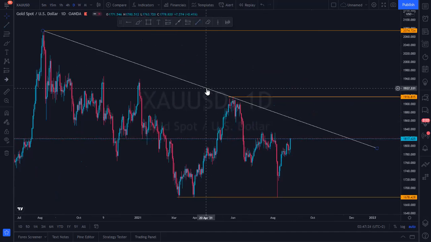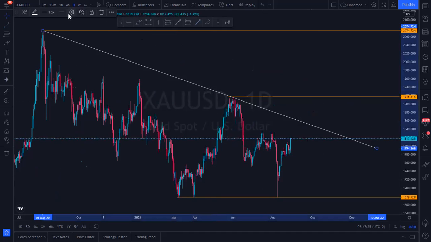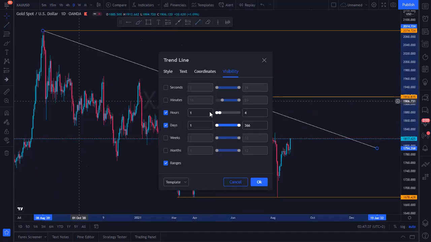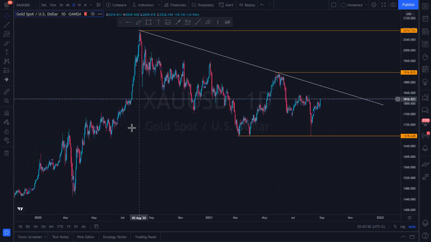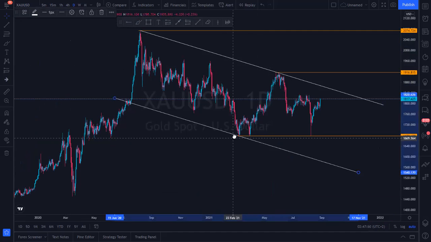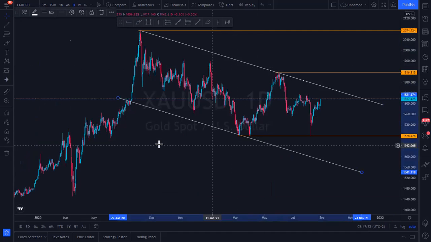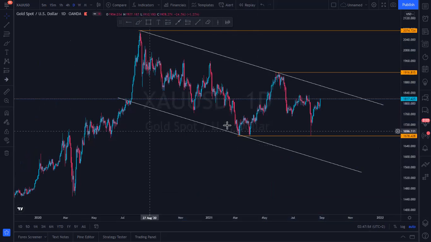The next thing I'm going to do is make sure these lines appear on the daily time frame and on the 4 hour time frame. I don't want to waste time, so I'm going to clone my lines like this and make my chart cleaner. I like cloning my lines like this.